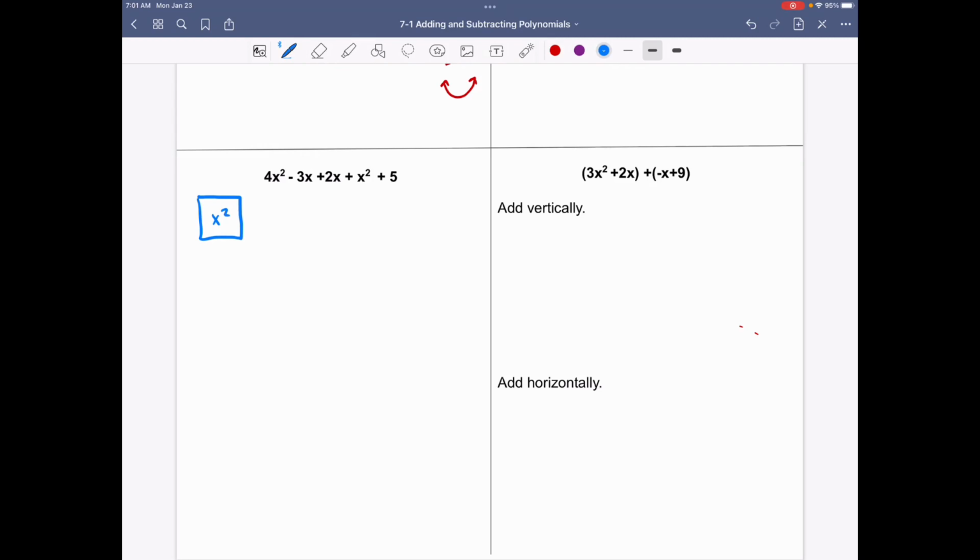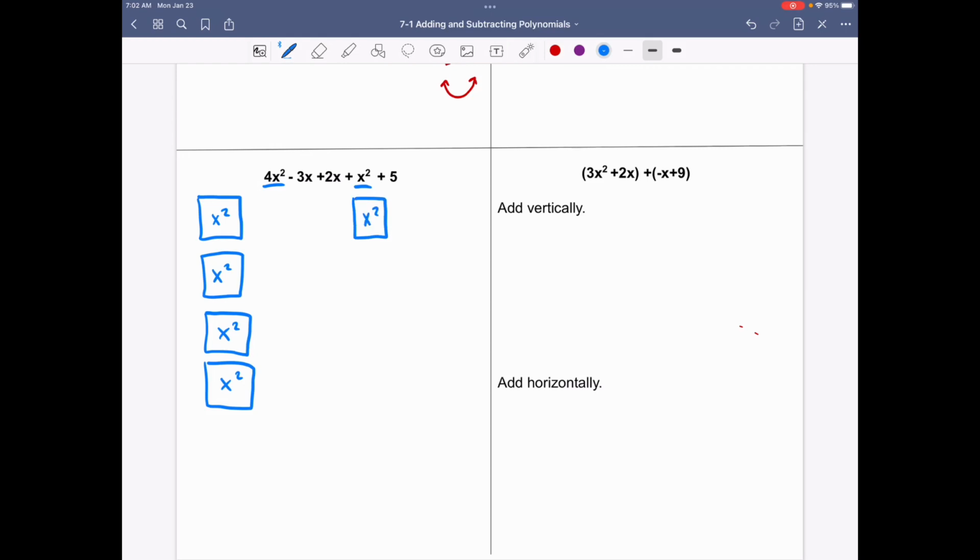And we have 4 of those right here. And to help you out, the algebra tiles show you visually what the like terms are, because we have another x squared here which we could draw.